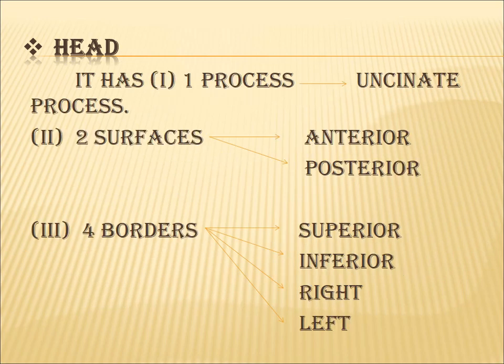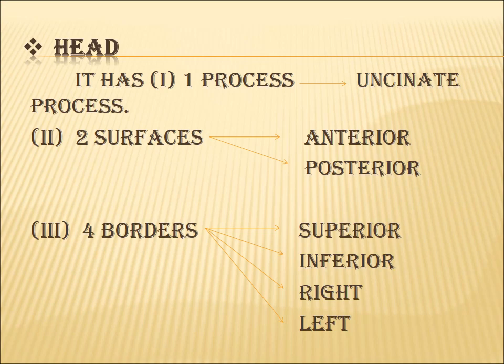For better understanding of the head, it is divided into one process, that is the uncinate process. It has two surfaces, anterior and posterior, and four borders, which are the superior border, inferior border, right border and left border.